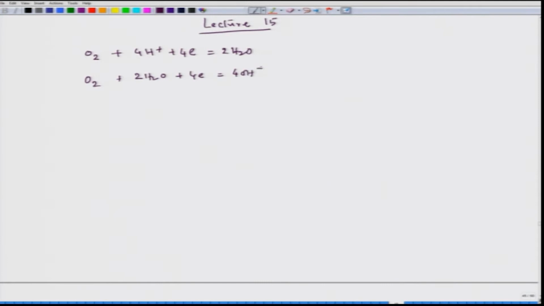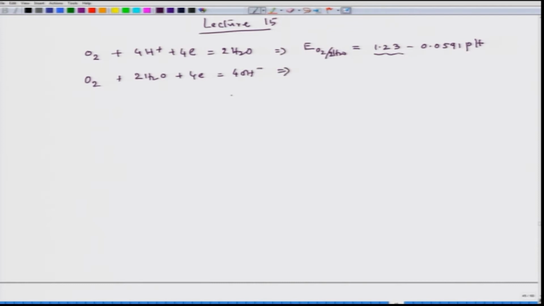equal to 4OH minus, and interestingly the Nernst equation in terms of pH boils down to E0 for O2/H2O. We can write straightaway this value, it is coming close to 1.227. I can write 1.23 minus 0.0591 pH.